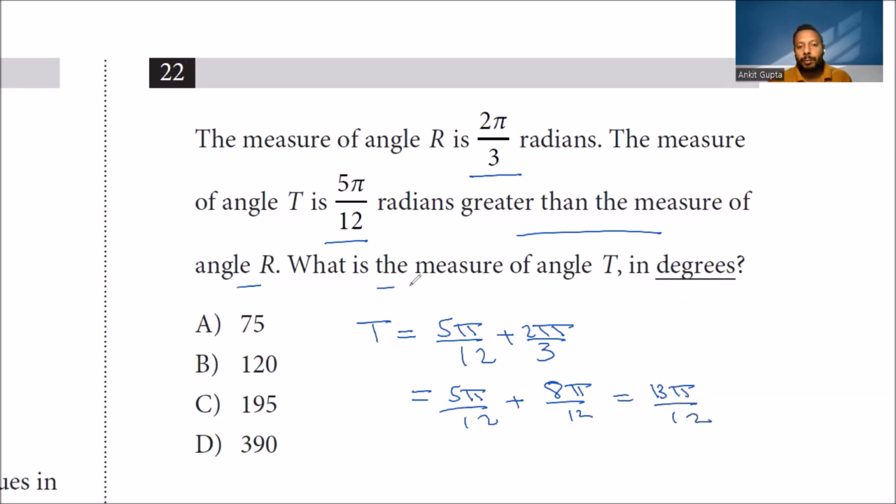And we need to find what is the measure of angle t in degrees. If you have to convert the radian into degrees, we can replace pi with 180. So this becomes 13 by 12 into 180. This will become 2, this will become 30, and this will become 15. So 13 into 15 will be equal to 195. So answer will be option number C.